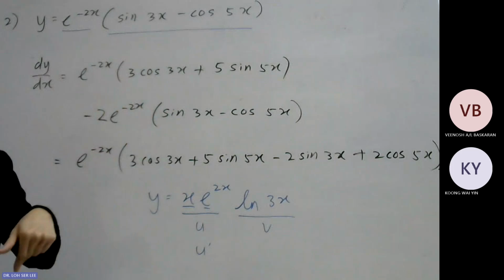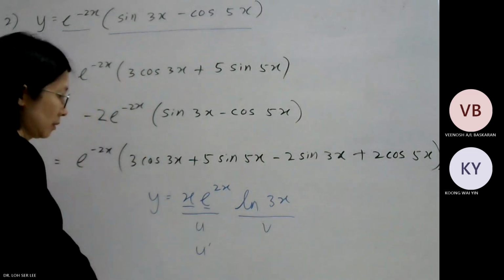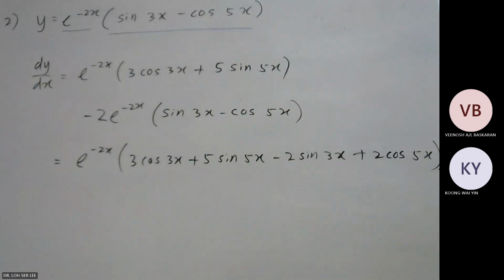That's when you apply the product rule twice to get the dy/dx for this question. Okay, any question for number 2?